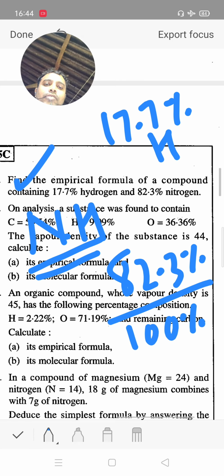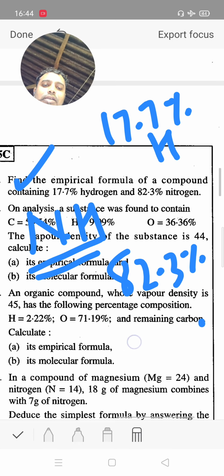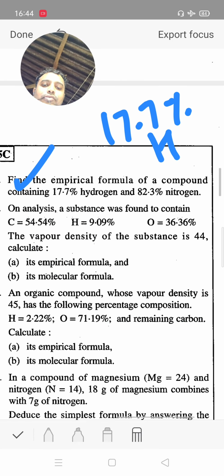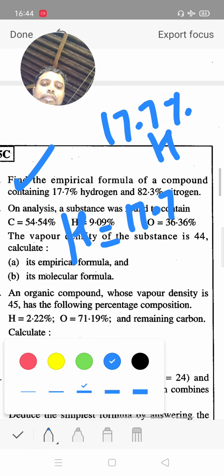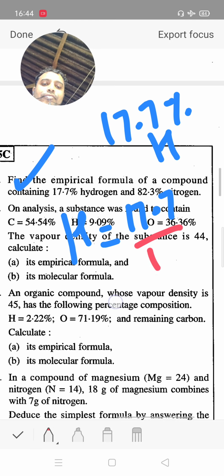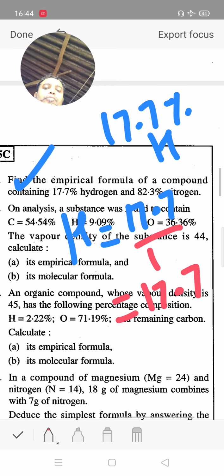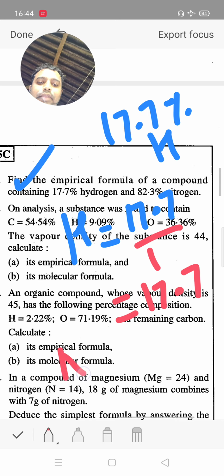We already know the atomic mass. First we calculate hydrogen: 17.7 upon 1, then we get the percentage composition value 17.7. Then nitrogen, it is 82.3%.